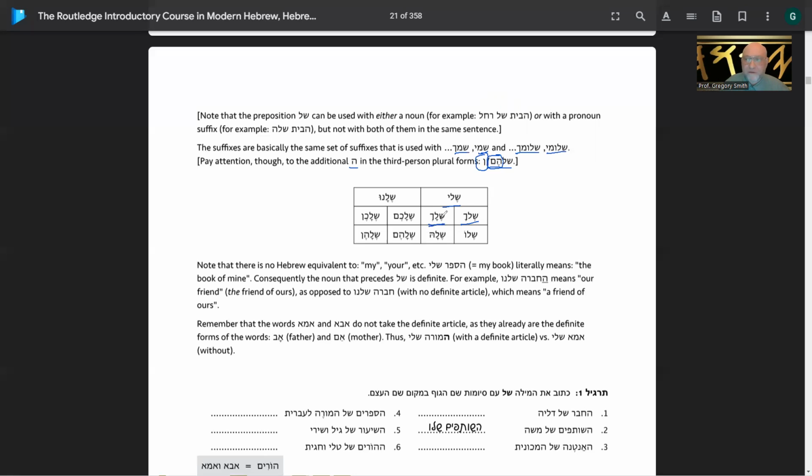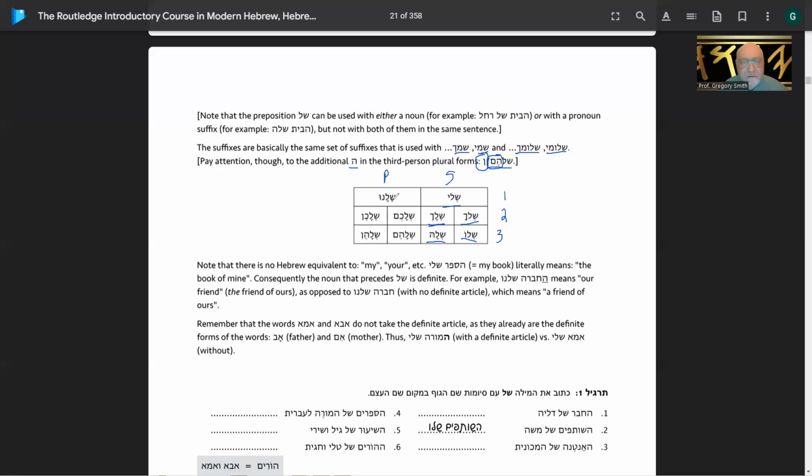Shelach, belonging to you, female singular. Shelo, belonging to him, and shela, belonging to her. Okay, so this cha ending is you. It fits with ata. All right. So these are the singular. This is the first person, second person, third person.